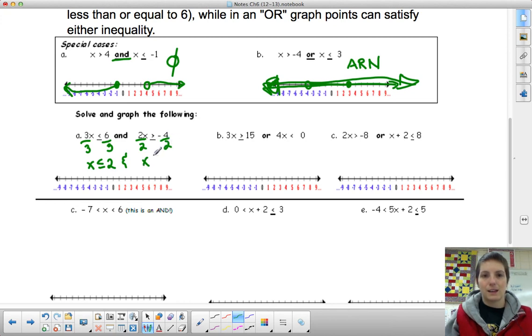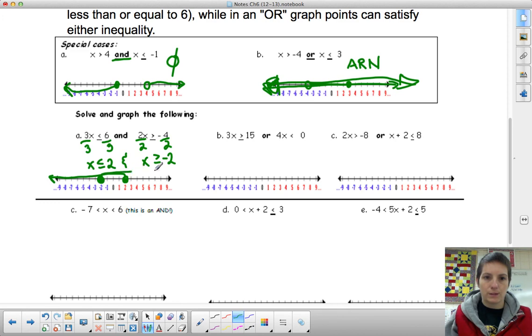X is greater than or equal to -2. So less than or equal to 2 goes this way. Greater than or equal to -2. Oops, I forgot to fill in my dot. I better go back and do that.